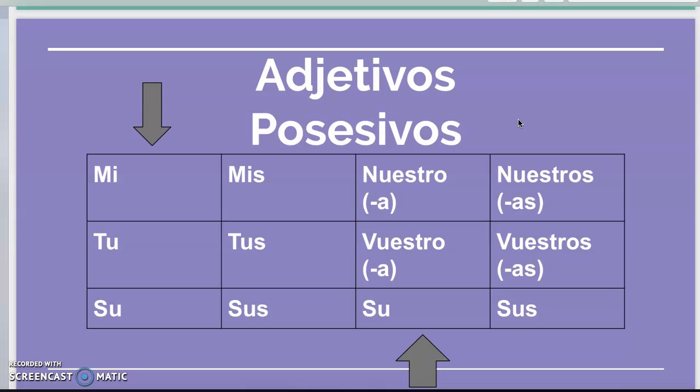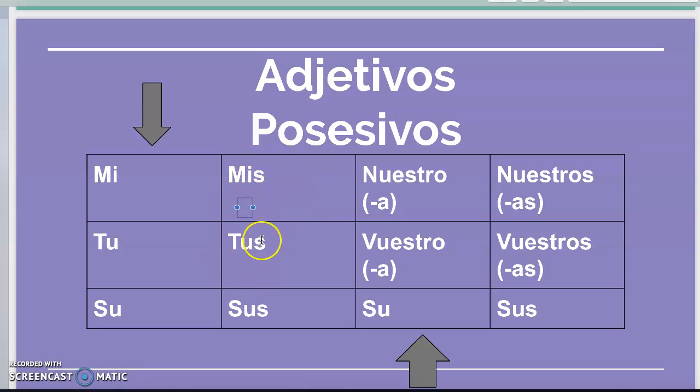Okay. Now, let's go into the first column right here, where we got mi, tu, su. This column is singular. So the columns where I see the arrows, this column right here and this column right here, are singular. So I make a note of that somewhere. If I drew an arrow, maybe I write above that arrow singular. That happens for 6 total words. We have these here and these here.